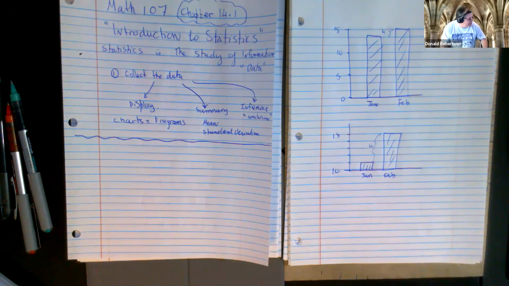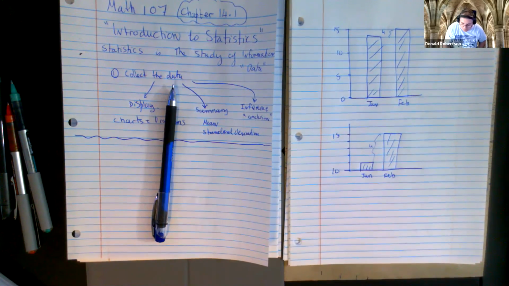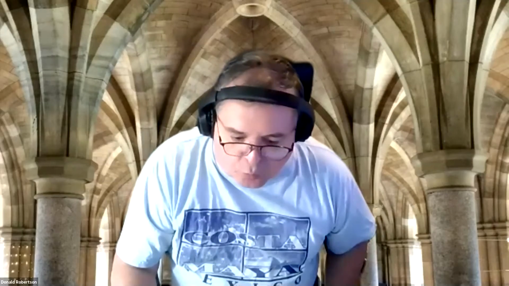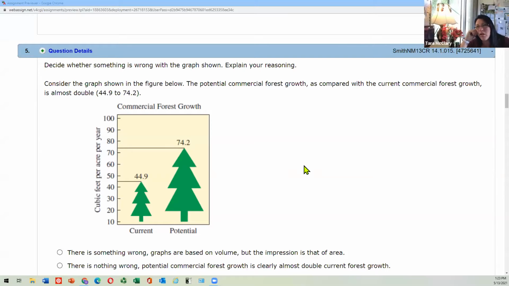So we should always be on the lookout when people do charts, to watch out for things designed to give you a false impression. Isn't this like what you were talking about before in one of our previous units, about looking at how the numbers are actually calculated?